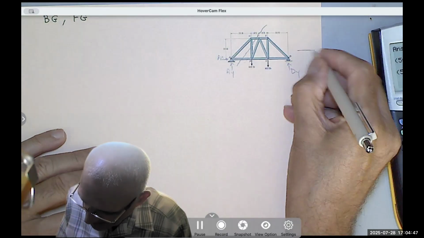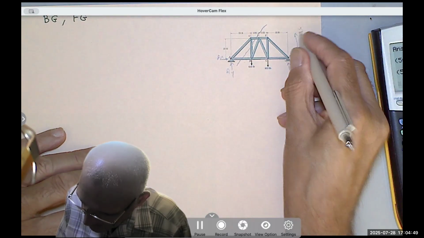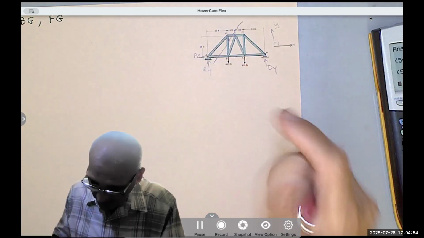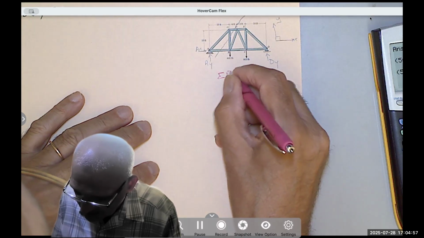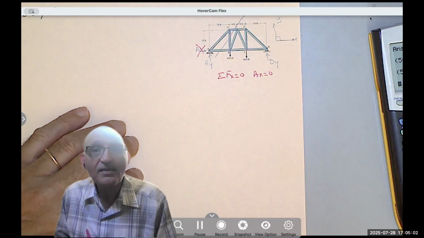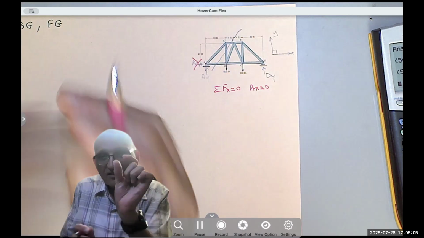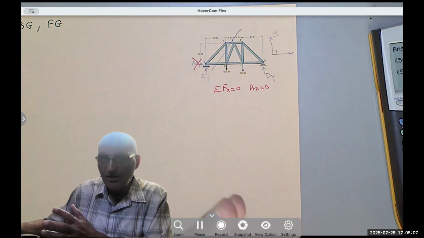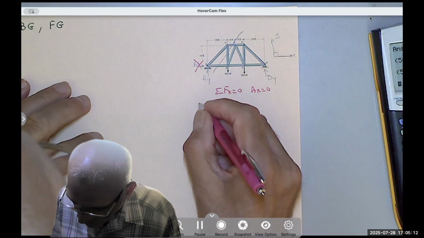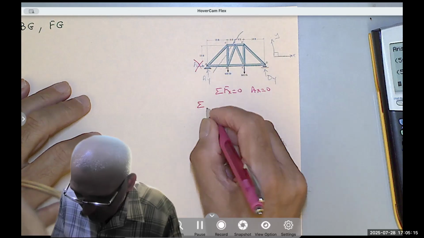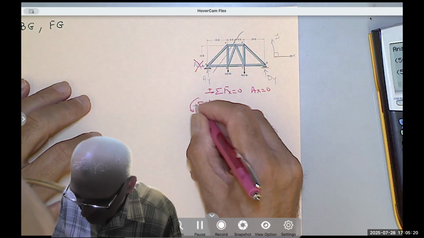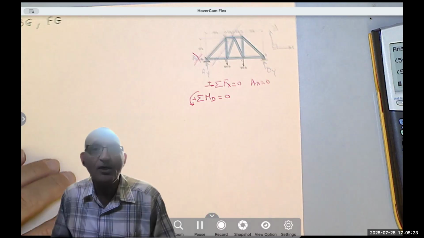But in the beginning, I will do like the previous problem. I'm going to say the summation of the forces in the x equals 0, AX equals 0. So this thing is 0. And because the left-hand side is smaller than the right-hand side, by the way, you can use either. But since the left-hand side is easier, I'm going to take the moment about D to find AY. Summation of the moment about point D, counterclockwise is positive, should equal 0 for equilibrium.